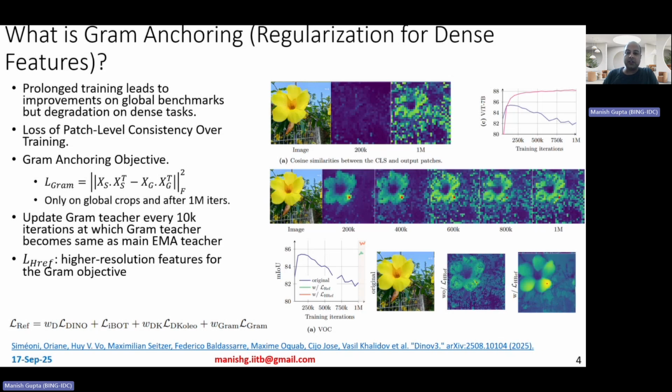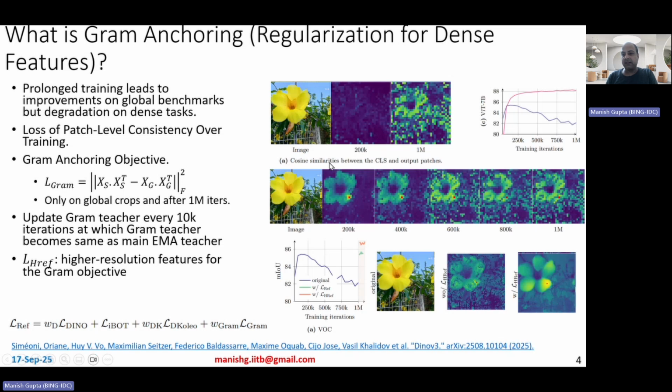Now the interesting part is that they did more analysis to observe that as more and more training is done, the representations of the patches are not really very sharp. Those representations degrade over time.